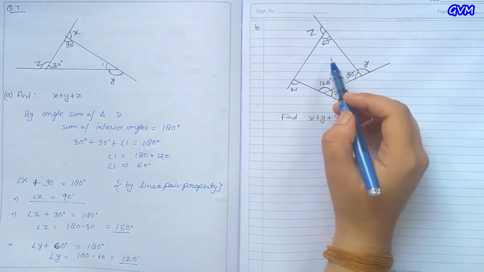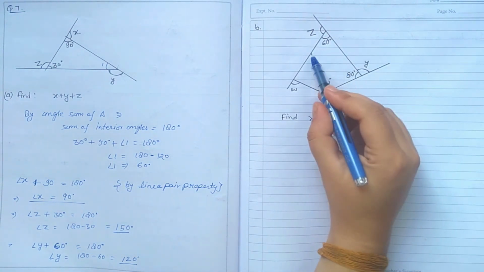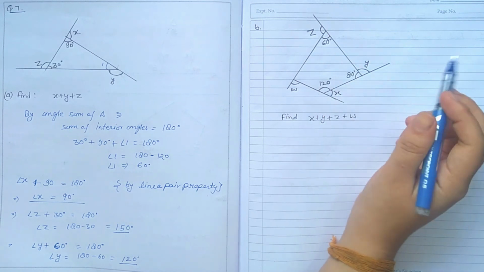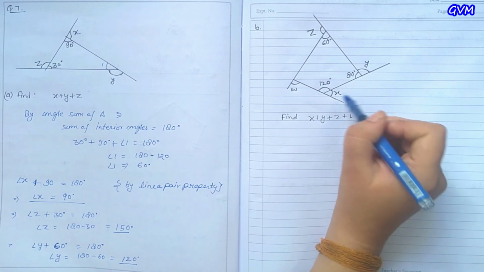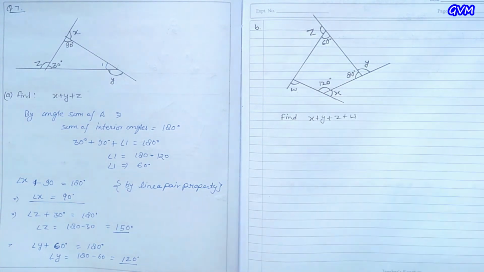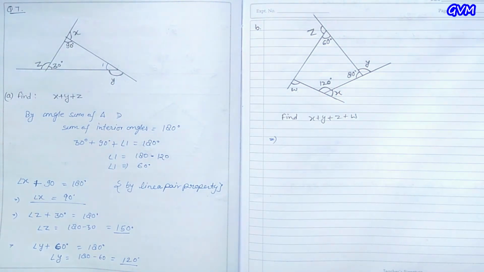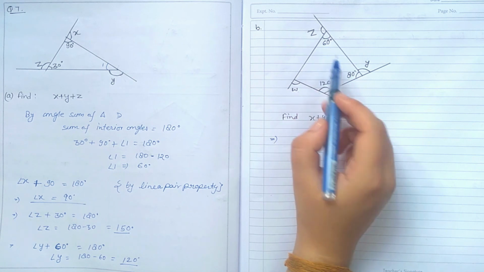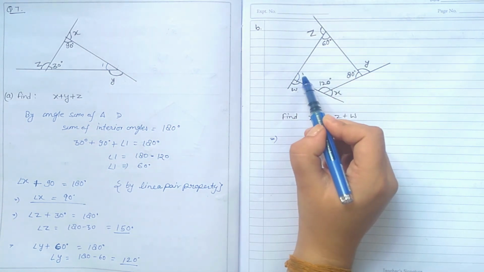We have this figure which is a quadrilateral because it has 4 sides. And we have to find the sum of the exterior angles, that is x plus y plus z plus w. Now, as we were doing in part 1, there are only 3 angles given and this angle is unknown. So let's say this is angle 1.